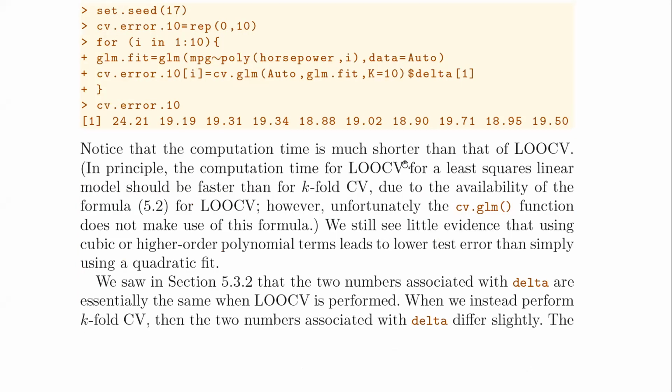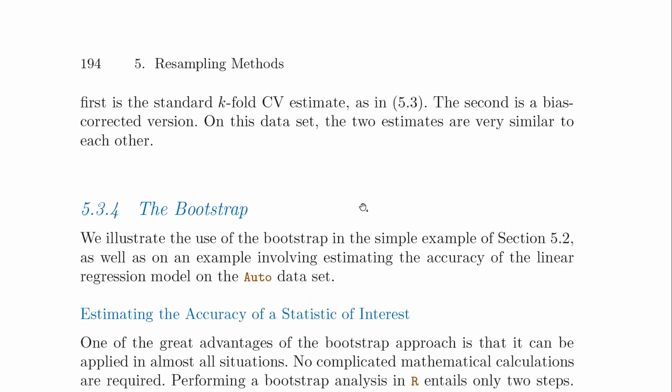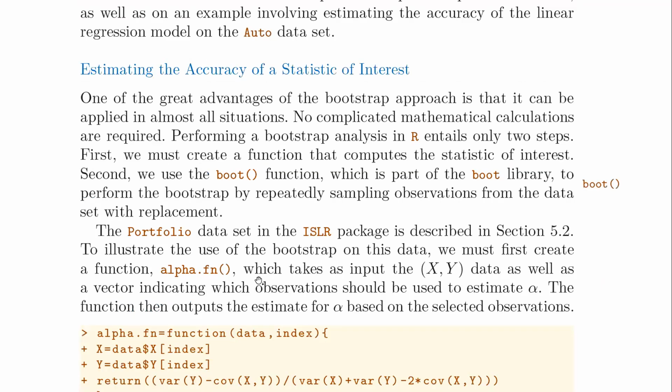Notice that the computation time is much shorter than the leave one out CV. I think there's a way in R you can actually tell it to output how long it took to run. Obviously it depends on your hardware. We still see little evidence that using cubic or higher order polynomial terms helps.